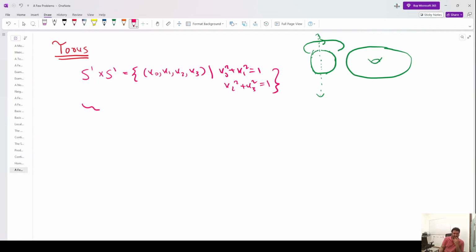You may think, and it's not wrong to think, that this is in R4. But the construction I have told you in green color looks to be in R3. It means this S1 cross S1 should be homeomorphic to some subset of R3, like this green thing we have done, right? So let me formalize this.